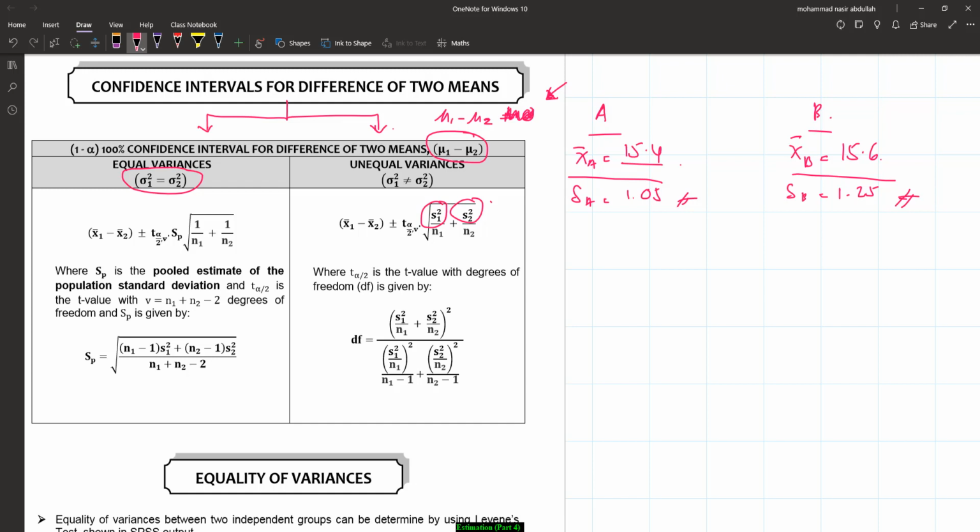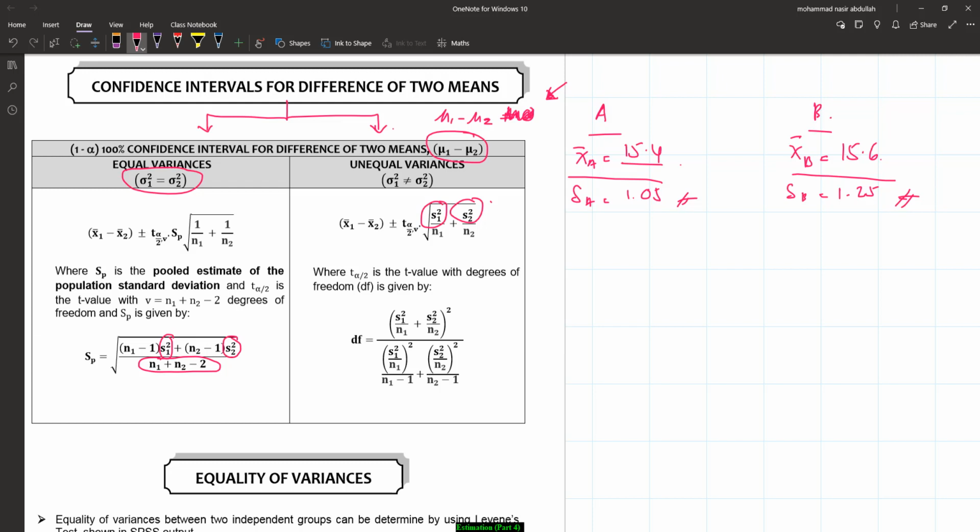So the formula of pooled standard deviation is n1 minus 1 multiplied by s1 squared, which is the sample variance for sample number 1, plus n2 minus 1 multiplied by s2 squared, which is the variance for sample number 2, and divided by the degrees of freedom, which is n1 plus n2 minus 2.